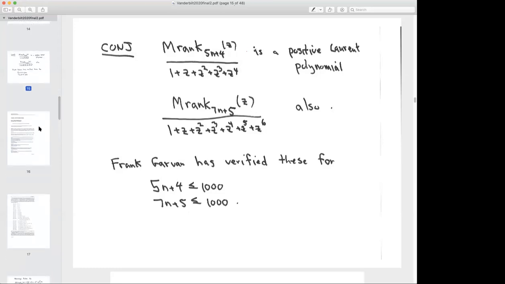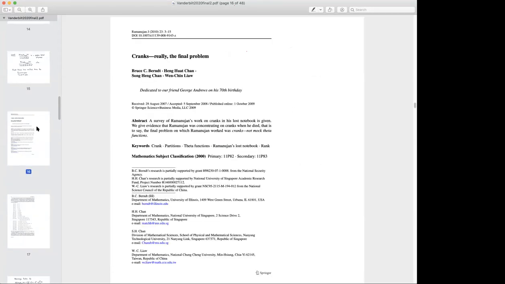What about cranks? Do cranks factor, those crank polynomials? Well, it turns out Ramanujan was very interested in this, and his lost notebook actually had these calculations in it. Here is a paper of Bruce Berndt, H.H. Chan, S.H. Chan, and Wen-Chi Liao that talks about this, that this may have been one of the last things that Ramanujan worked on.